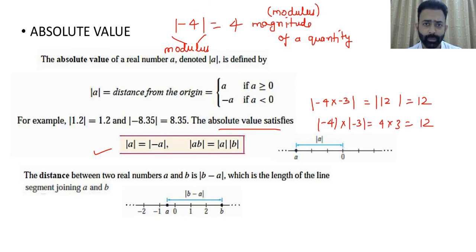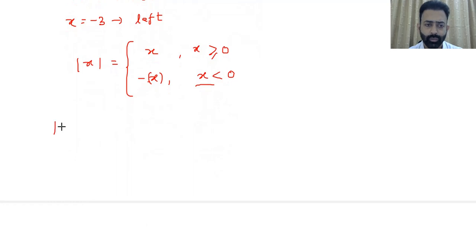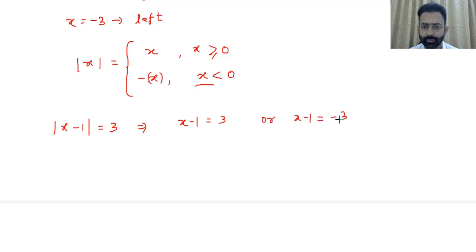Okay, but what will happen if I say that mod of x minus 1 is equal to 3? Now, opening this statement using the formal definition, I can write x minus 1 is equal to plus 3, or I can write x minus 1 is equal to minus 3.